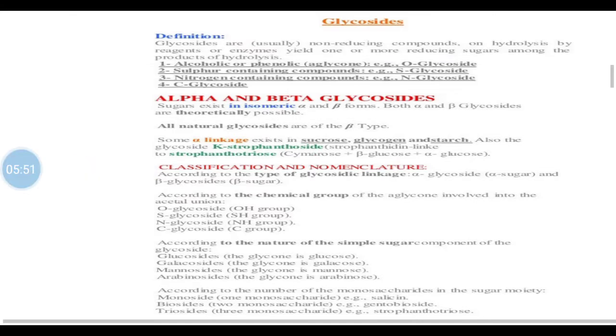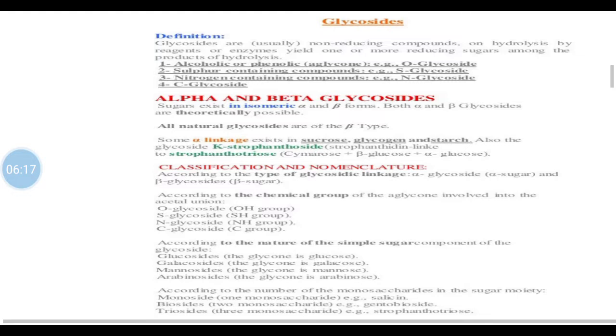We can also say these are the classes of glycosides according to the chemical group of aglycon part involved in the acetal union.